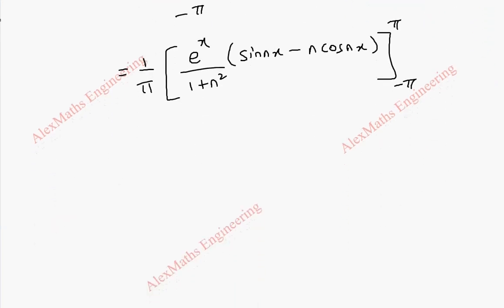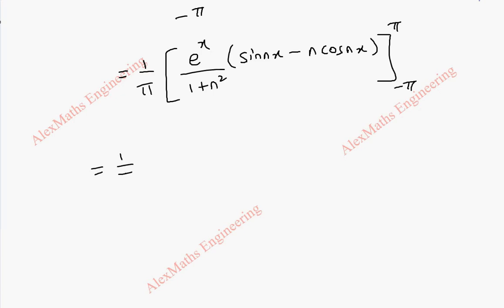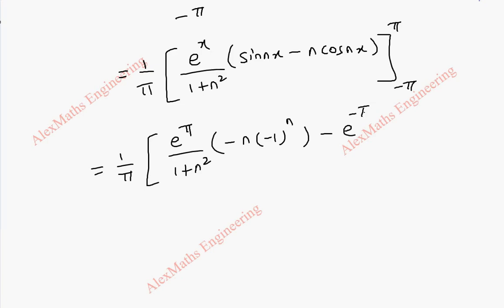Now substituting the limits, we get 1 by pi, e power pi by 1 plus n square, where sin n pi is 0 and cos n pi is minus 1 whole power n. Then for the lower limit, e power minus pi by 1 plus n square, again sin n pi is 0 and cos n pi is minus 1 whole power n.